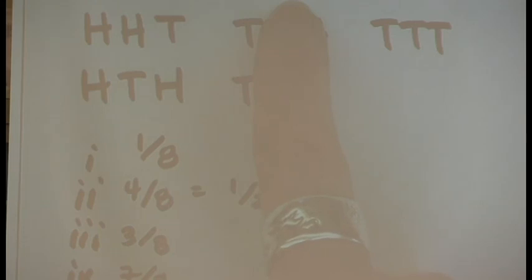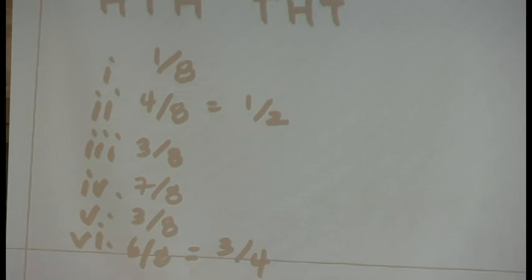Well, this one has 2 tails. 1, 2, 3. 3 out of 8. And last one, at least 1 head and 1 tail. 6 out of 8. Very nice, because the only 2 that would not be included would be there, which you could also write as 3 out of 4.